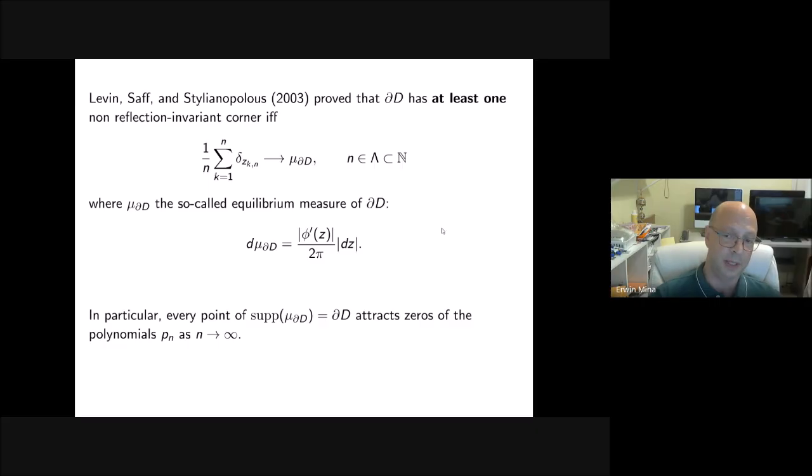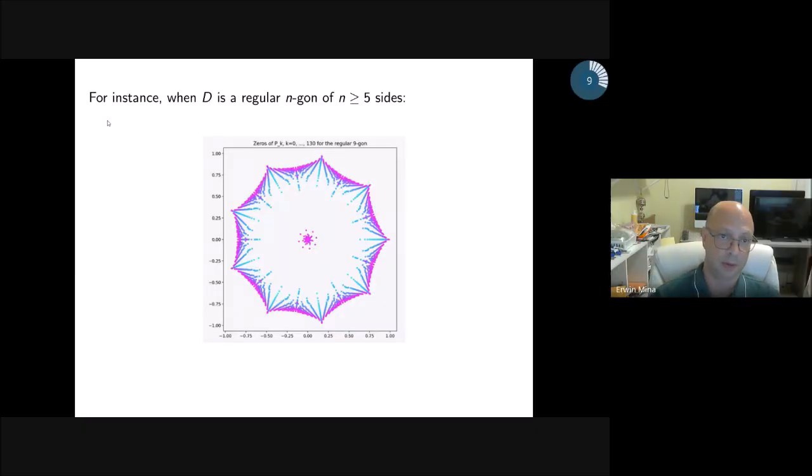But what is important to us is that the support of this equilibrium measure is the whole boundary of T, so the whole curve. And therefore, in this situation, you know that every point of that boundary curve is going to attract zeros of the polynomials as n goes to infinity. So that follows from this weak convergence of the normalized zero counting measures. Okay, so I will give you some examples, right?